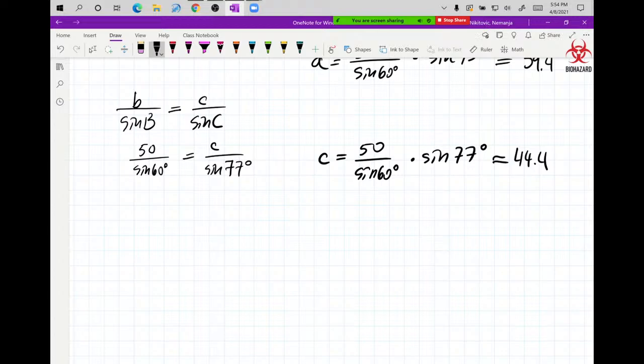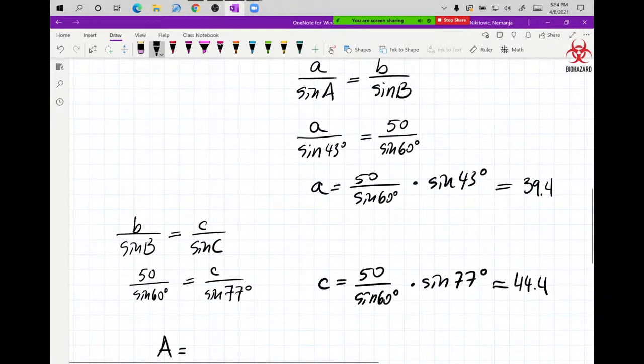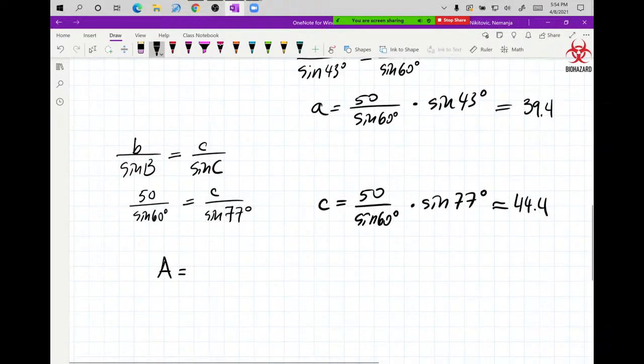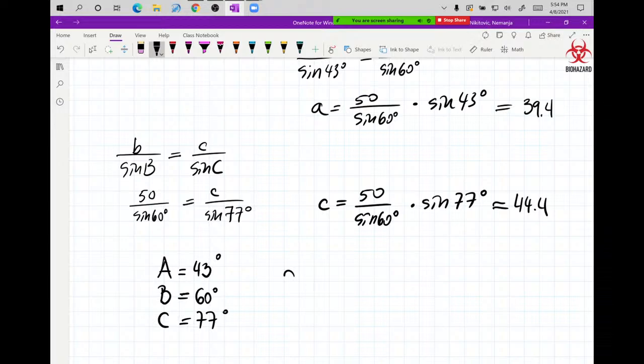And the triangle is solved when you can list all three angles and lengths of all three sides. So angle A, 43. Angle B, 60. Those are degrees. And angle C, 77.